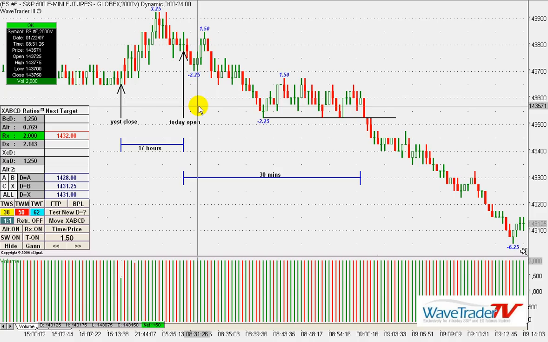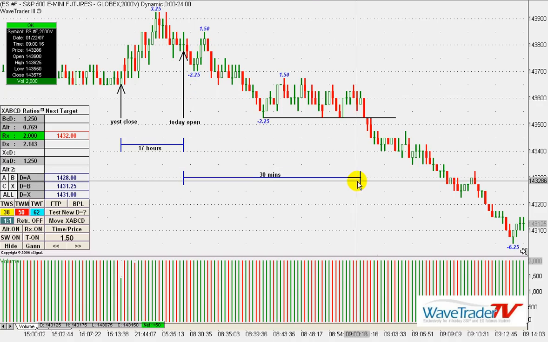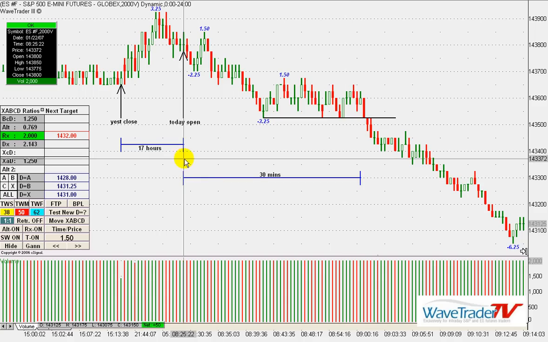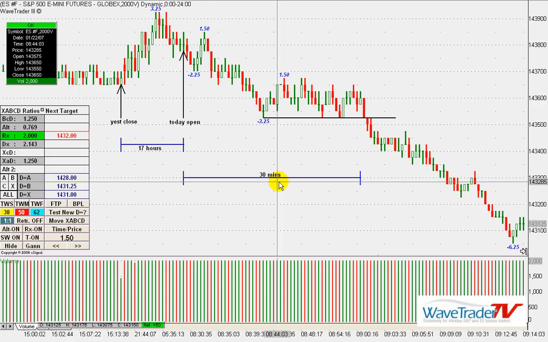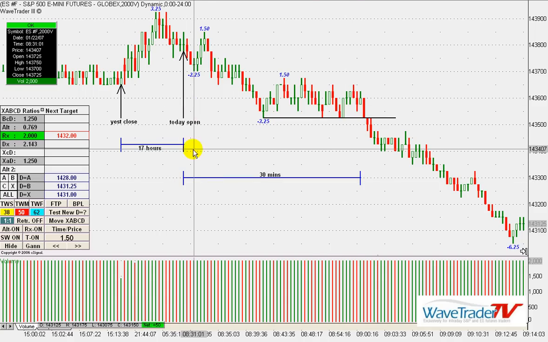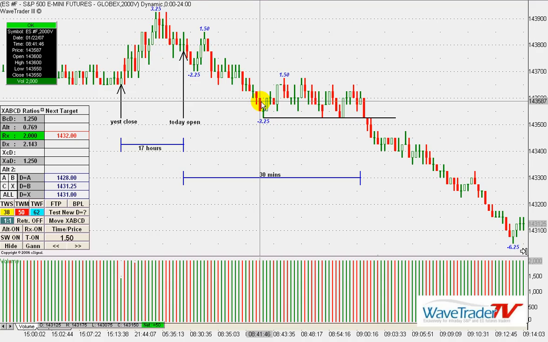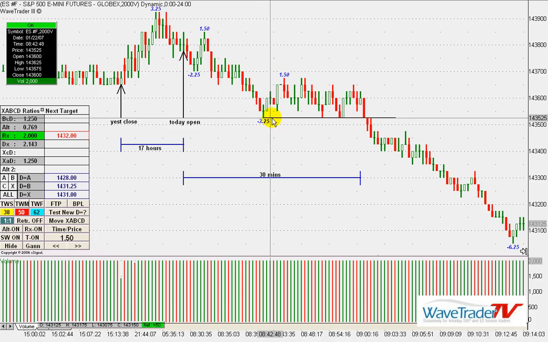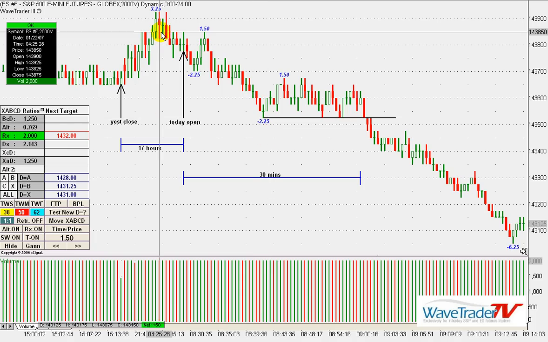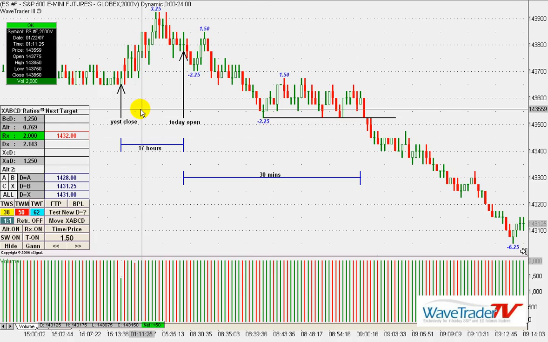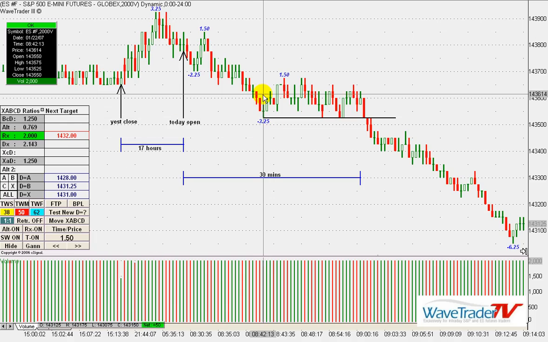This next little span here is just the first 30 minutes of trading. You can see that the time is quite a bit different, but as far as how nicely it spreads out trading, especially during the day with heavy volume and during the overnight session with light volume, it puts it all together nicely.